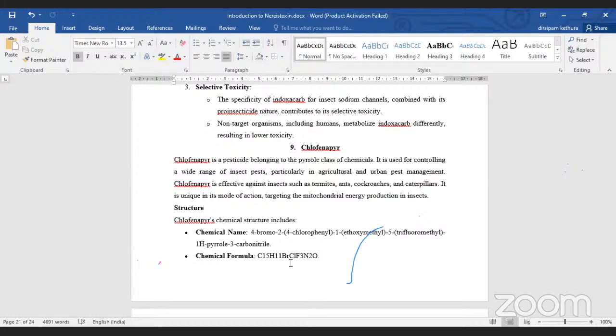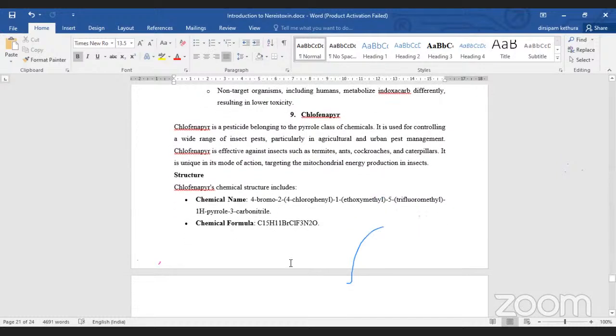And coming to the next molecule, chlorfenapyr. It is a pesticide which belongs to the pyrrole class of chemicals. That means simply we can call it a pyrrole insecticide and acaricide. It is used in controlling a wide range of insect pests, particularly in agriculture and urban pest management.